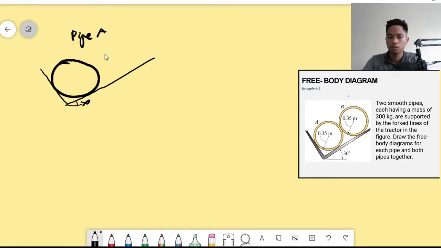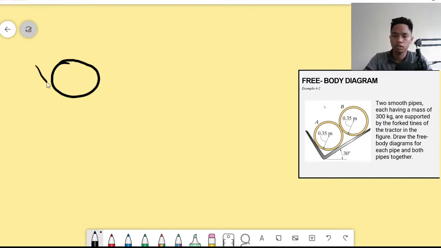For pipe A, we are going to consider this system as a whole, so that we do not see the internal loadings. To avoid the internal loadings appearing, we need to consider this figure as a whole first.